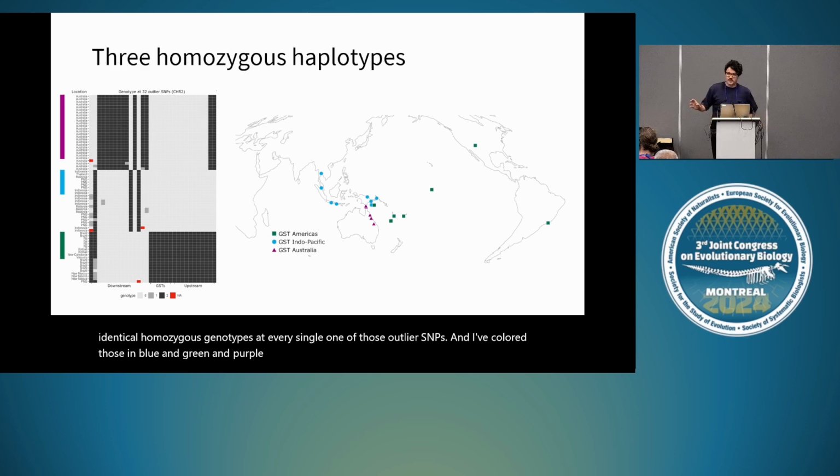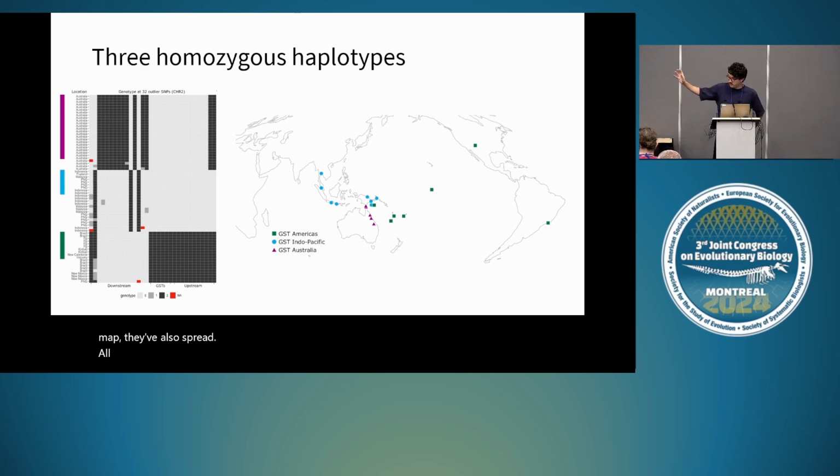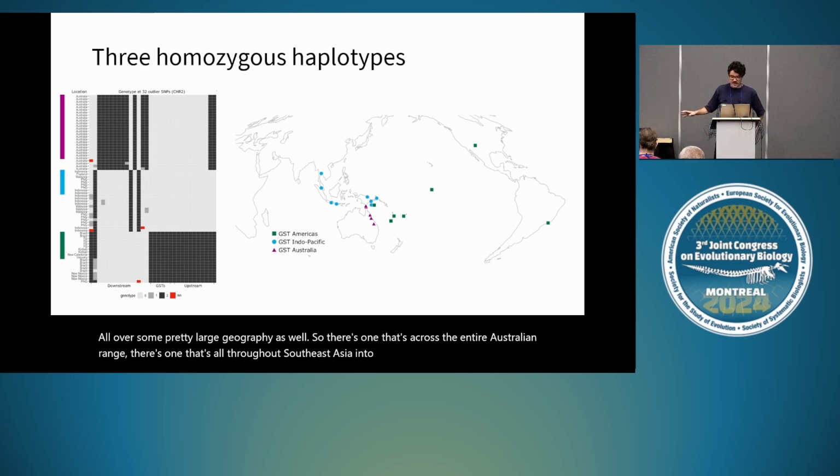And if you look at the distributions of those on a map, they've also spread all over some pretty large geography as well. So there's one that's across the entire Australian range, there's one that's all throughout Southeast Asia into Papua New Guinea, and there's one that's in the Americas all the way through the Pacific Islands also into Papua New Guinea.